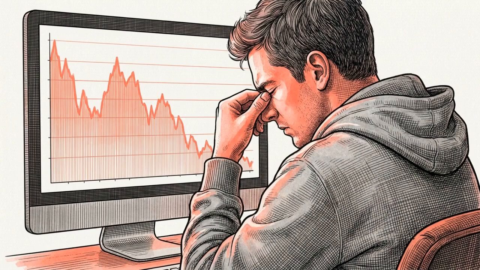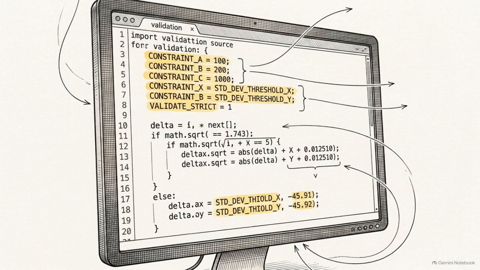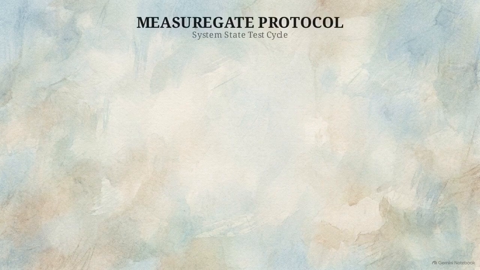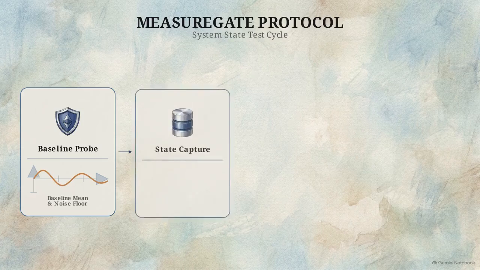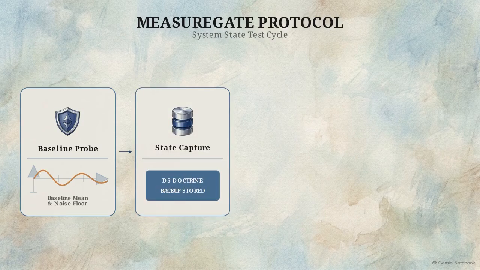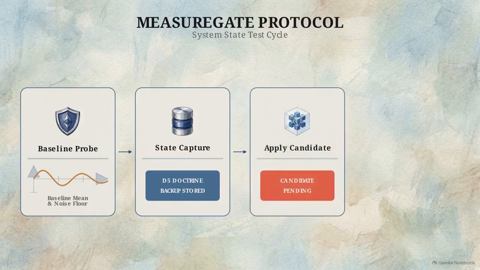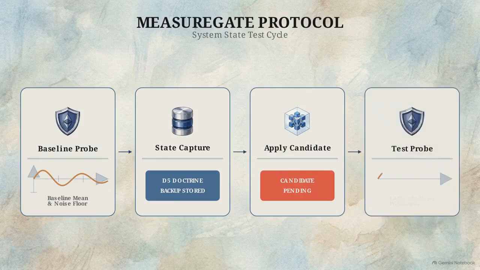Trusting single-run A/B tests on high-variance metrics is the exact mechanism that leads professionals to validate broken system states and phantom regressions. To navigate this system noise, we rely on a specific architectural mechanism, the MeasureGate protocol. This flow diagram breaks down the MeasureGate test cycle. It begins by taking system samples to establish the baseline mean and standard deviation. Next, the tool captures the exact current system state to a backup, applies the candidate tweak, and reruns the same sampling probe.